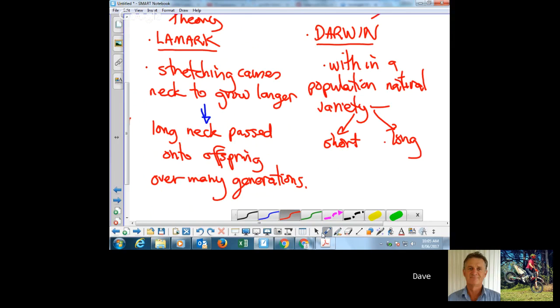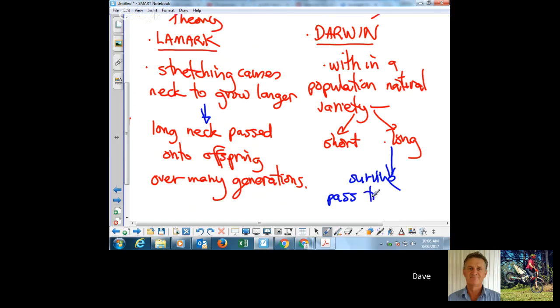So the long necked ones survive and pass the trait on to offspring. So I'm now just starting to introduce you to the process of natural selection.